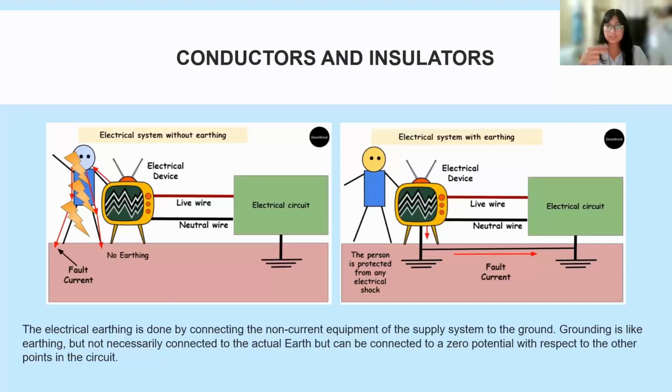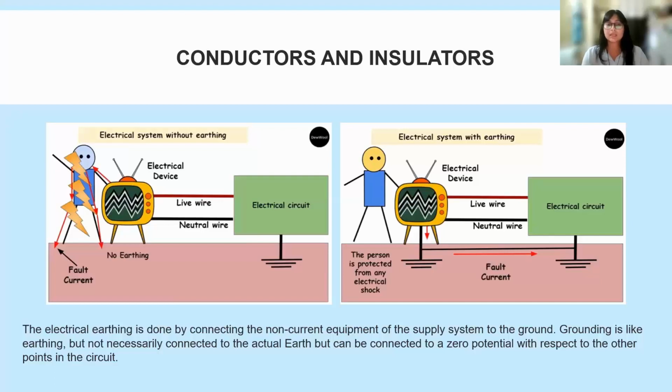Grounding and earthing are similar, but the grounded wire may not be connected to the actual earth; it is connected to a zero potential with respect to the other points of the circuit.